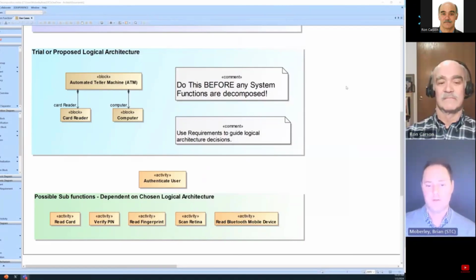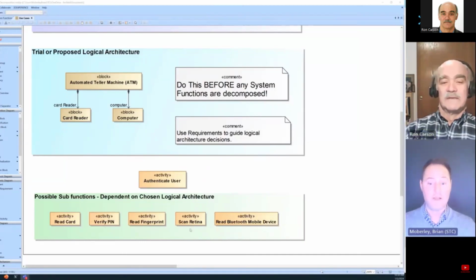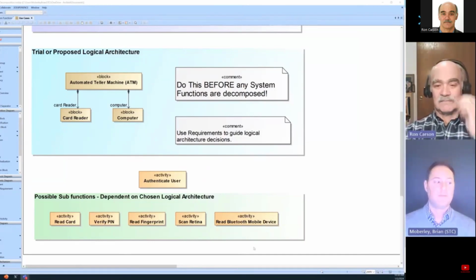And I came to that conclusion by breaking down this authenticate user into what I thought could be actual activities of the authenticate user, but they would be dependent upon the actual logical architecture, such as reading the card, verifying the PIN, possibly reading a fingerprint, possibly reading a retina or scanning a retina, or reading a Bluetooth mobile device.